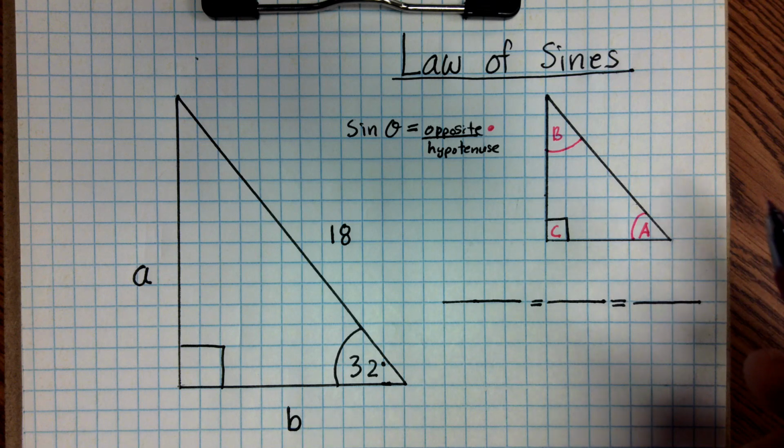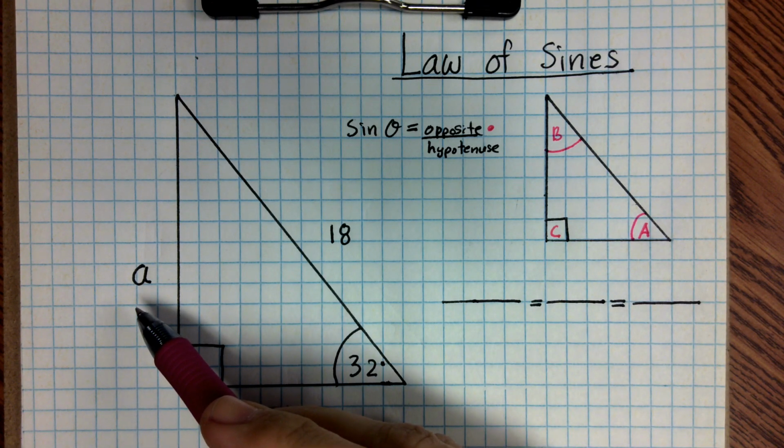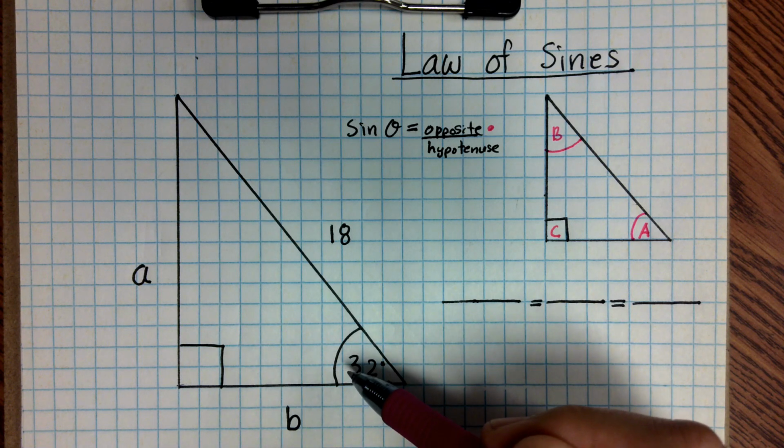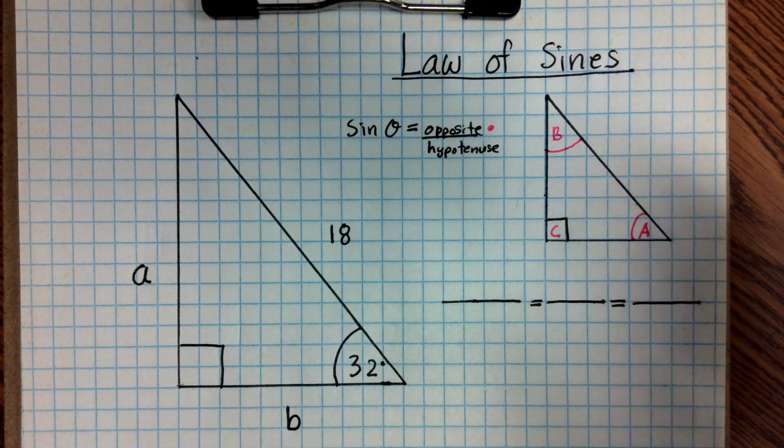Now, whenever we're using sine to solve for a missing variable like we see over here, whatever angle they give us, we want to find the variable that's opposite of that. So, I'm going to show you why.